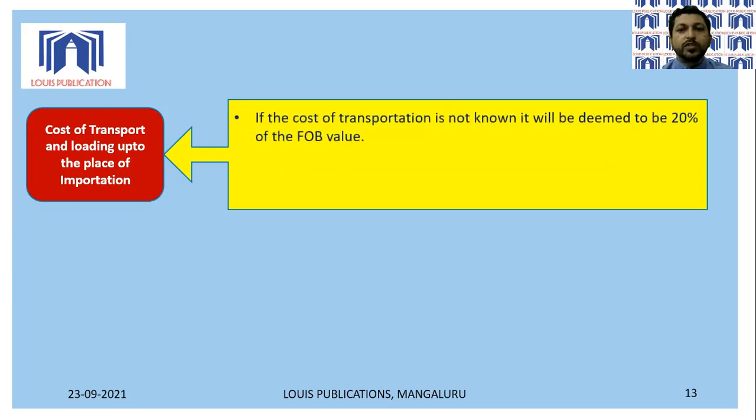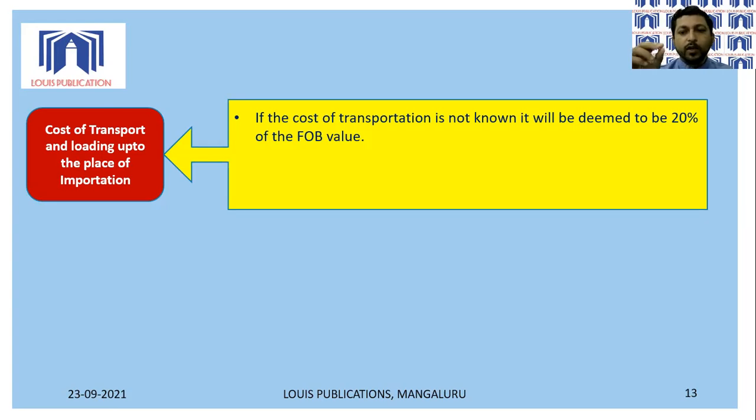Once the goods reach the port of the importer, expenses incurred thereafter. Say, for example, the importer is, let's say, in Bengaluru. Goods are imported through water, through sea, let's say, and it has reached Mangalore port. So expenses incurred till Mangalore port will be included in the computation of assessable value.